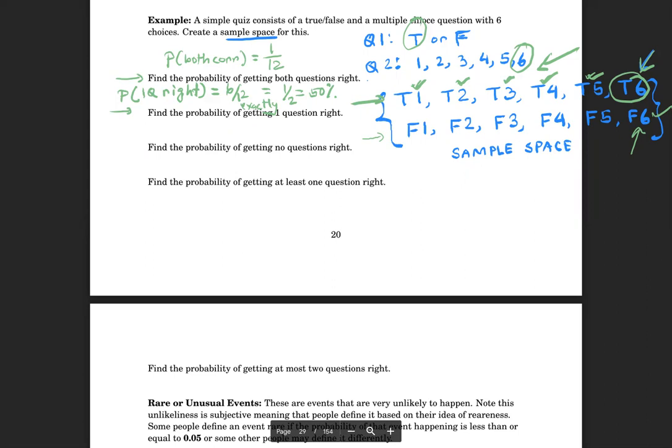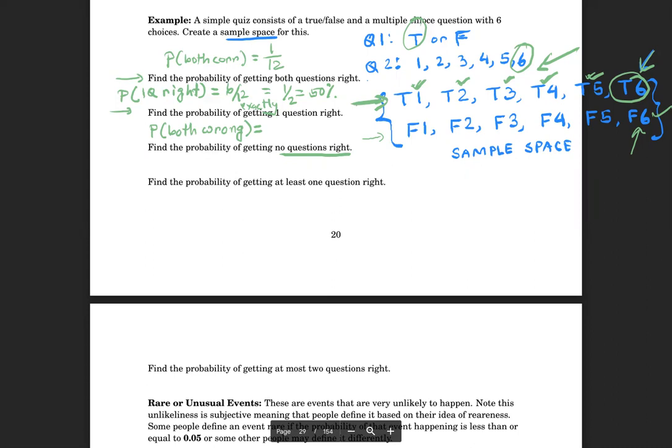Find the probability of getting no questions right. That means both wrong. Find the probability of both wrong. Again, you have to look at this sample space. When would you get both wrong? If you look at the first row, nothing there is both wrong, because each of these choices in the first row has at least one correct.